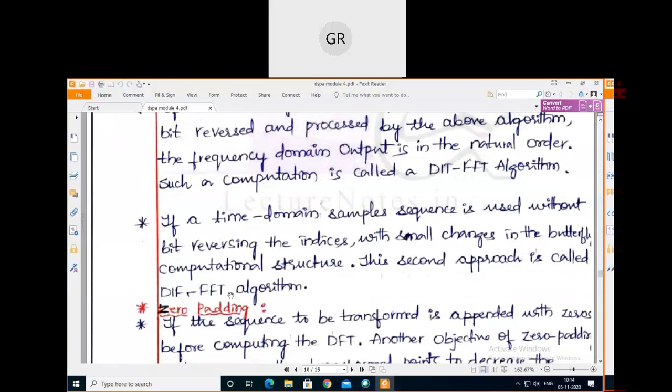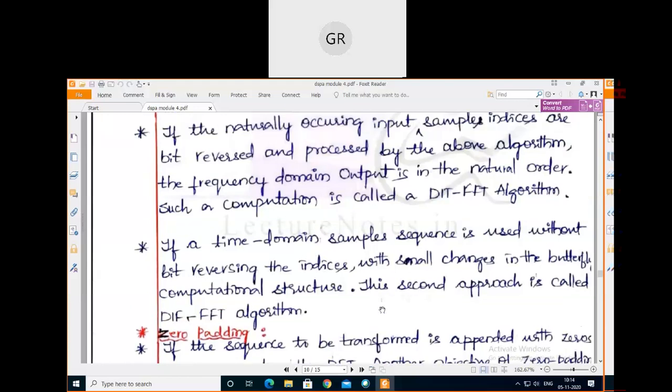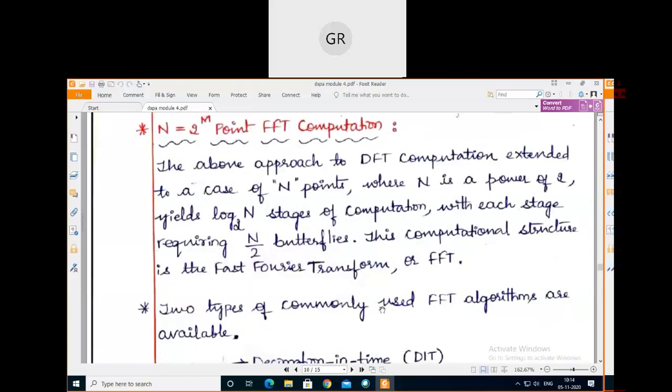Here, in DIF-FFT, what will happen? Inputs are in natural order. Outputs, that means capital X of 0, X of 1, are in bit reverse order. Then we have some small changes in the butterfly.